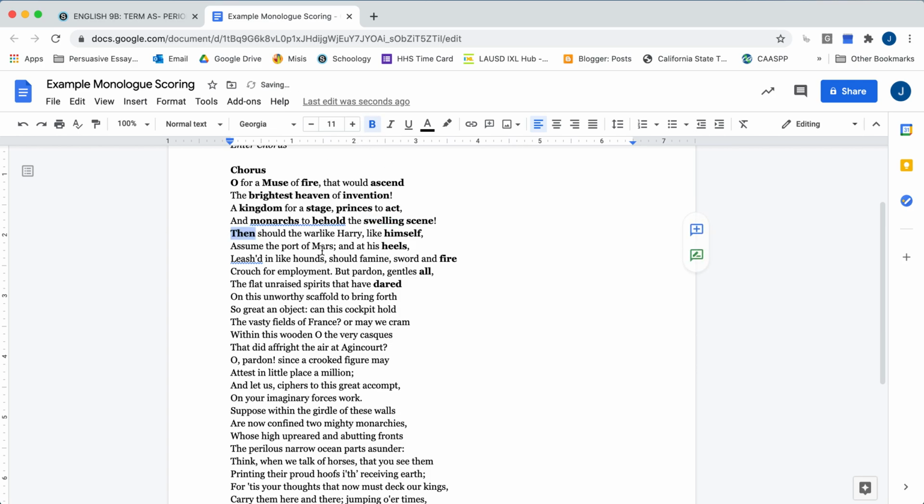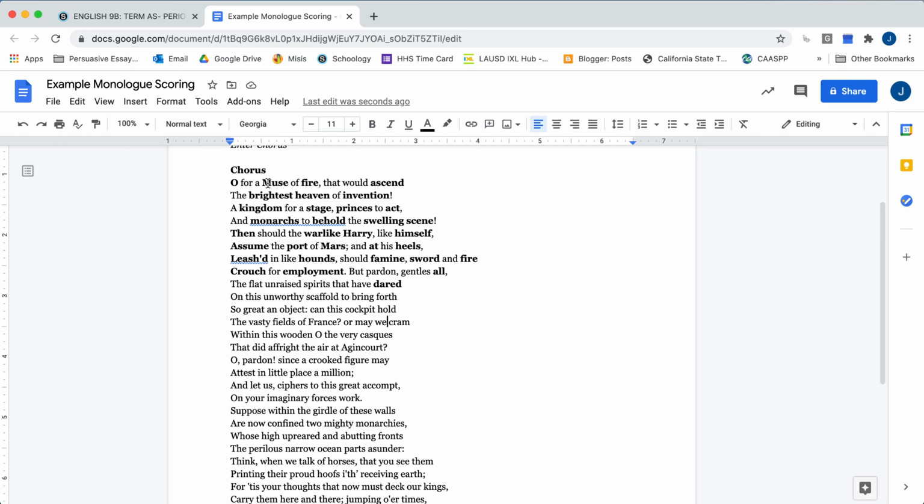Then, warlike Harry, like himself, assume port, Mars. At heels, leashed in like hounds, famine, sword, and fire, crouch, employment. Okay, so for the caveman exercise, I'm only going to say the words that I have either circled, underlined, or bolded.